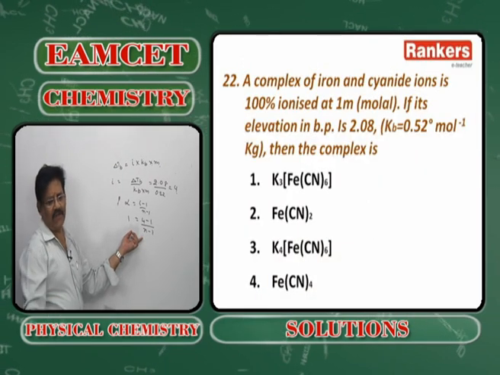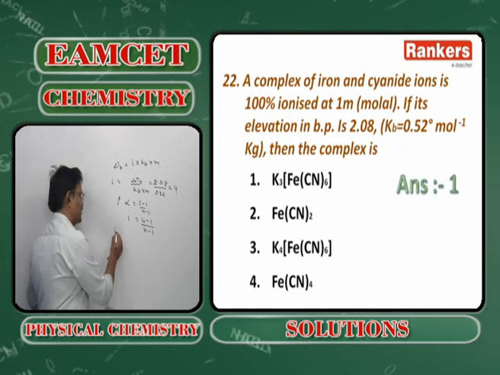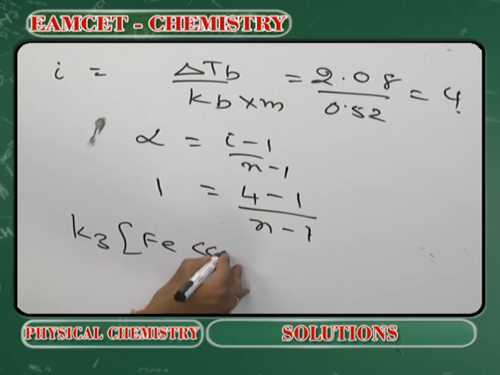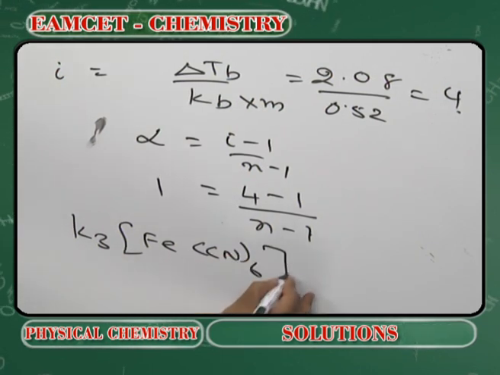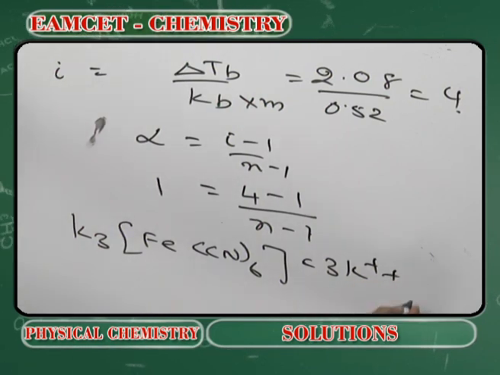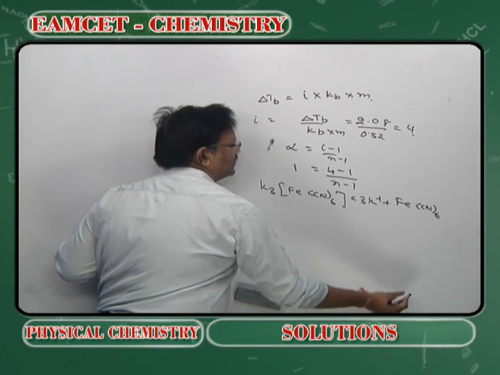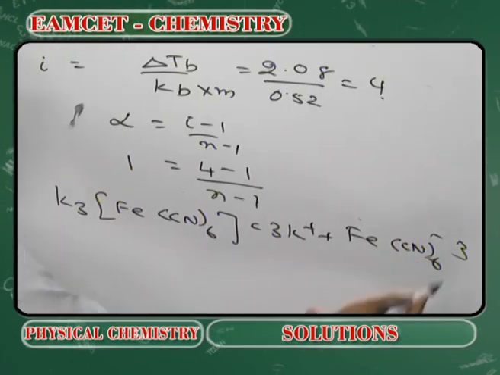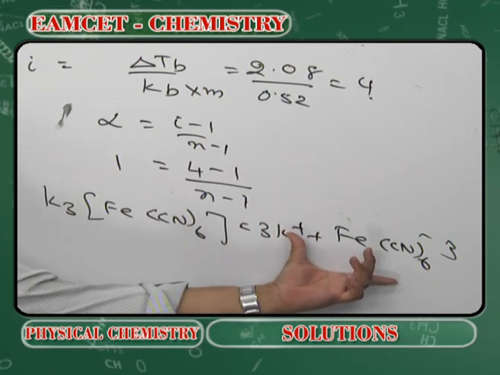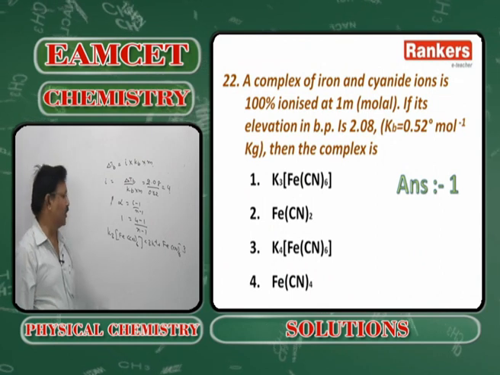When we get the n value as 4, in option 1, K3Fe(CN)6 ionizes, we get 3 moles of K plus and 1 mole of the Fe(CN)6 ion. So a total of 4 ions will be produced when K3Fe(CN)6 is dissolved.